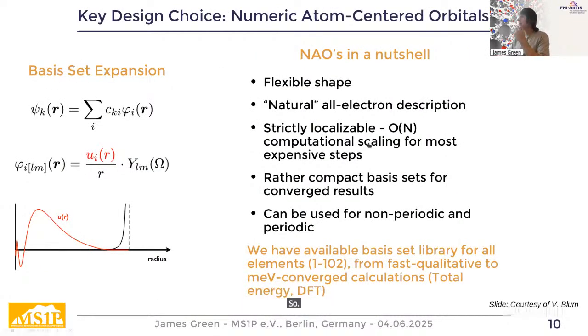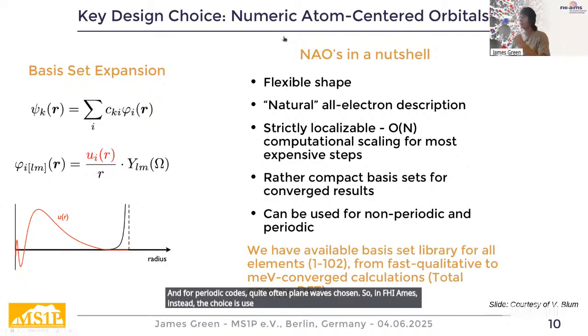As everybody who's done some kind of quantum mechanics simulations before knows, we generally represent a wave function, in this case electronic, wave function as a basis set expansion in terms of basis functions phi I. Now, in many molecular electronic structure codes, Gaussian basis sets are chosen, and for periodic codes, quite often plane waves are chosen. So in FHI-aims, instead, the choice is numeric atom-centered orbitals.